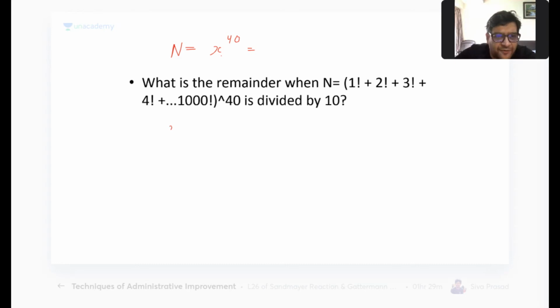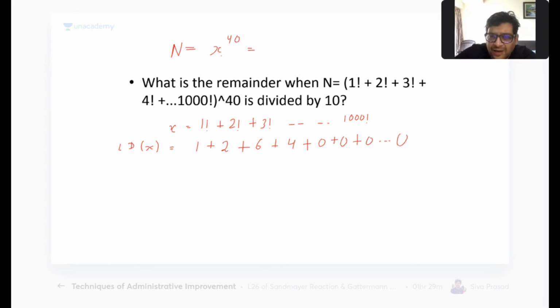So first of all, I have the value of x as 1 factorial plus 2 factorial plus 3 factorial till 1000 factorial, and my job is to find out the last digit of x. 1 factorial will give me the last digit as 1. 2 factorial will give me 2. 3 factorial will give me 6. 4 factorial is 24, so last digit 4. 5 factorial will give me the last digit as 0. 6 factorial, 0. 7 factorial, 0.